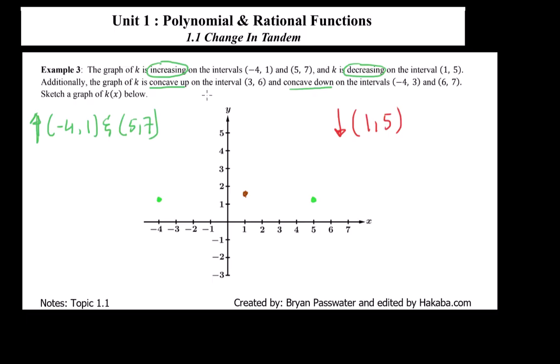So now it's concave up. Concave up takes place between the interval 3 and 6. You can see that this concave up goes from here, this way, that way. And then from -4 to -3 and from 6 to 7 is concave down.